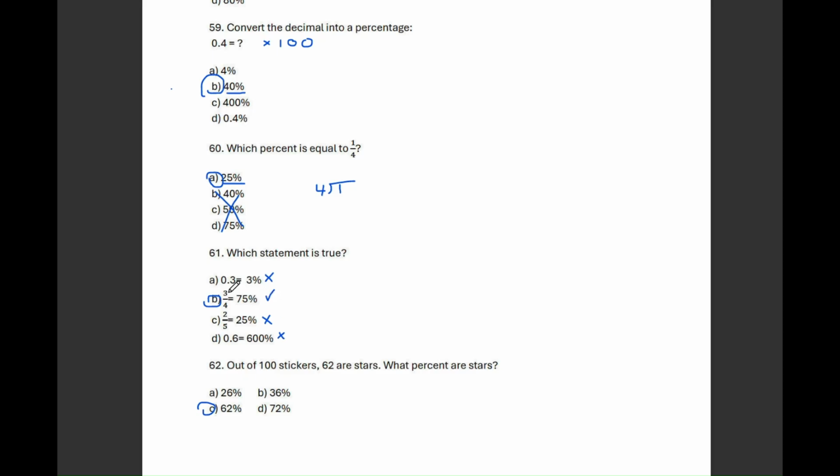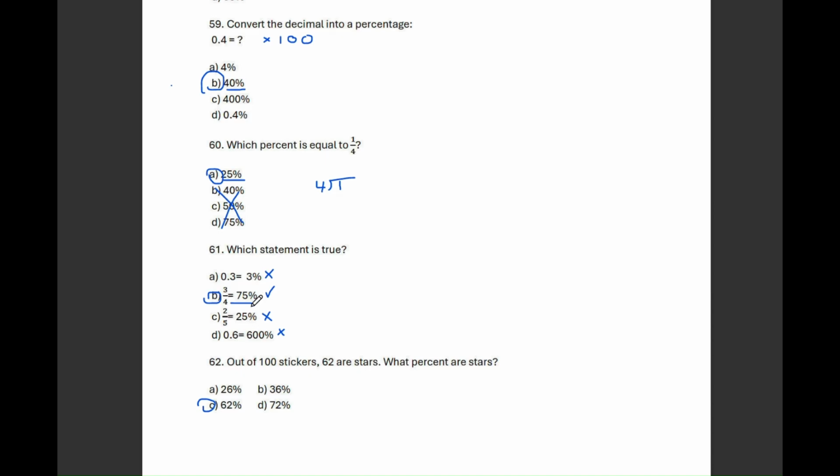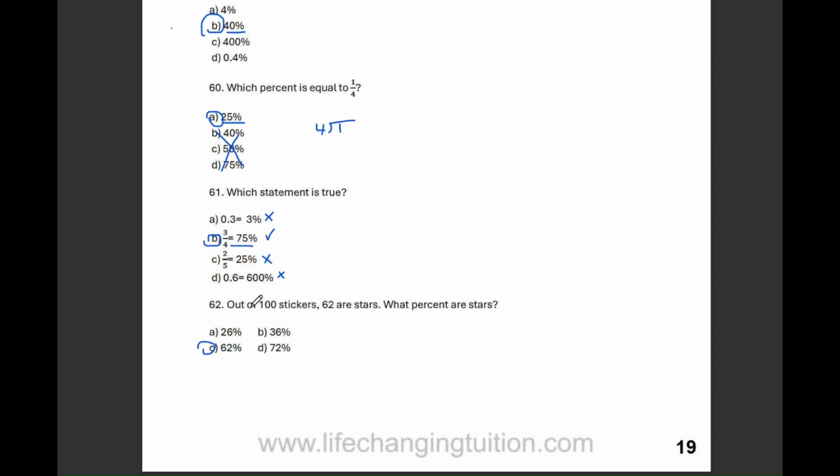A, 0.3 equals 30%, C, 2/5 equals 40%, D, 0.6 equals 60%. Answer: B, 3/4 equals 75%. Formula/working: 3 divided by 4 times 100 equals 75%.